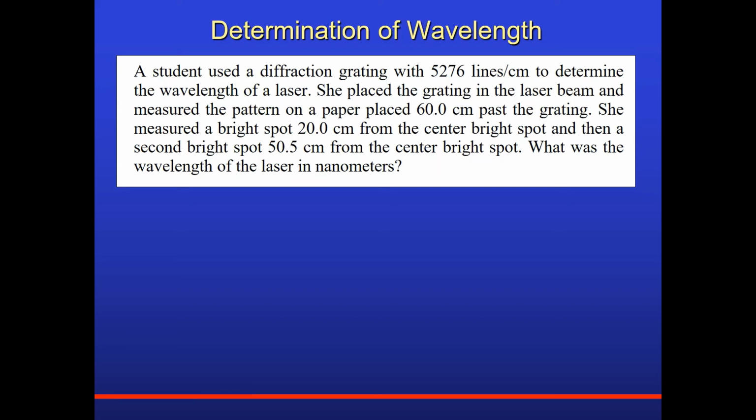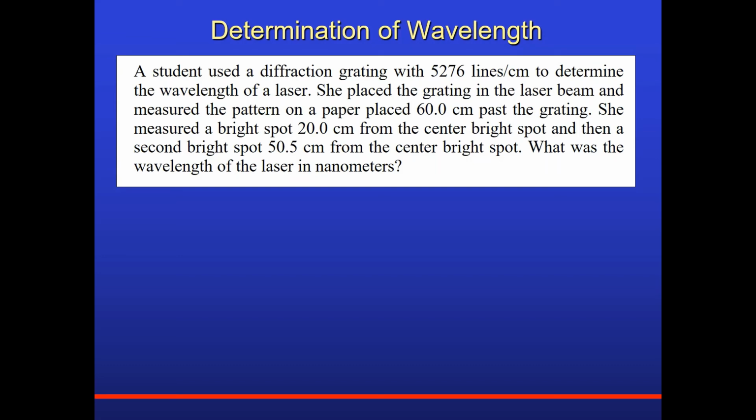So here's how to describe the problem. The student took a diffraction grating with 5,276 lines per centimeter to determine the wavelength of a laser. She placed the grating in the laser beam, measured the pattern on a paper placed 60 centimeters past the grating.